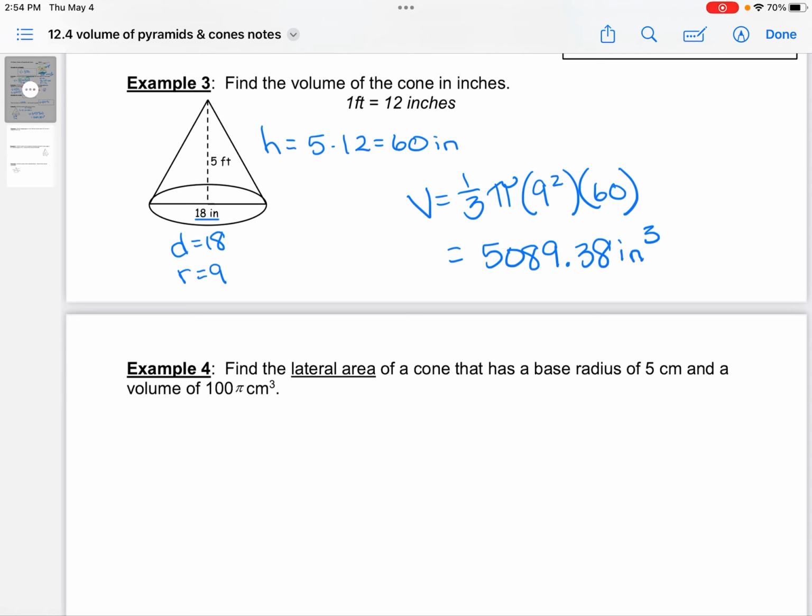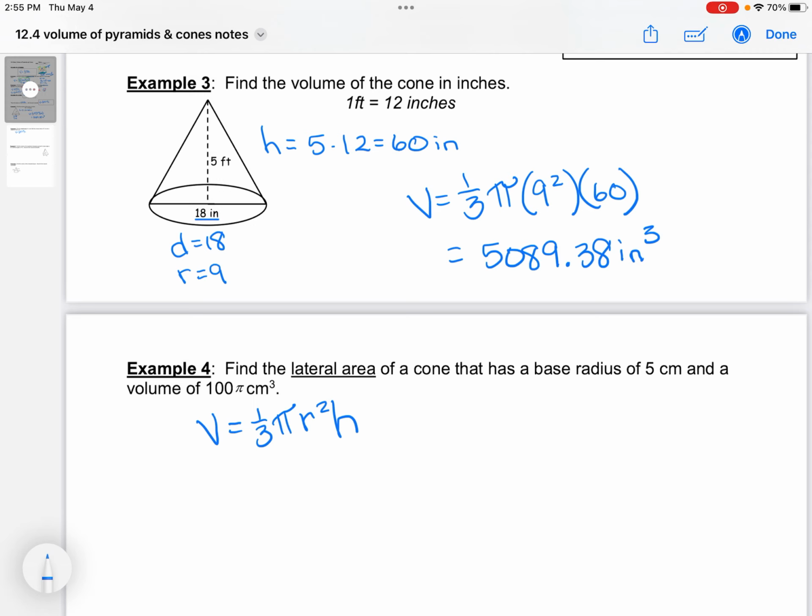Okay. So we're finding the lateral area of a cone that has a base radius of 5 and a volume of 100. Okay, so the volume formula is 1/3 pi r squared h.